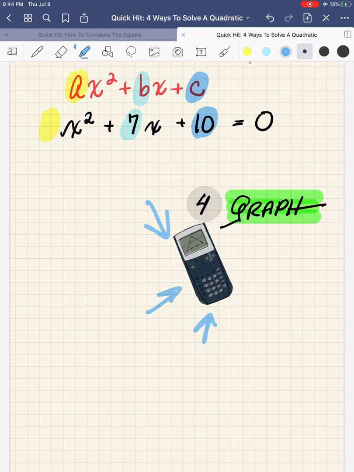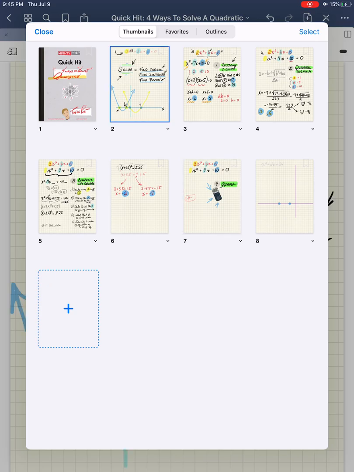You can graph it. You can go into your y equals button, if you're using a TI-83, 84, 84 Plus CE, or you can go into your TI-Nspire, right? And you can go into your Sketchpad and graph it, right? And when you look at the graph, it'll look something akin to this.